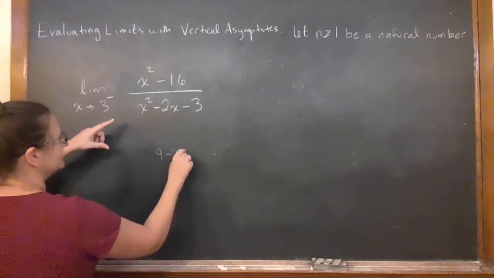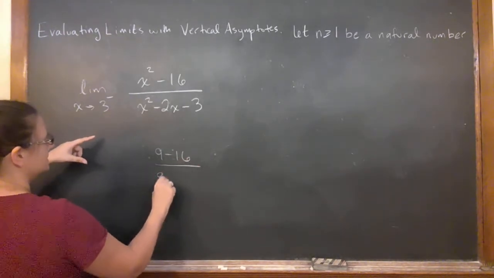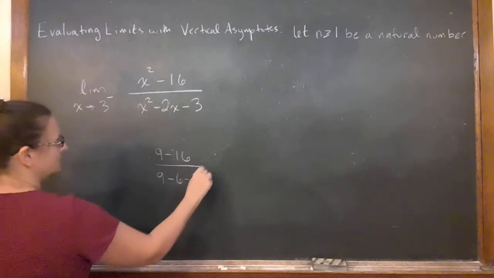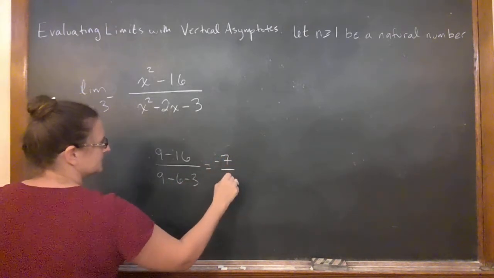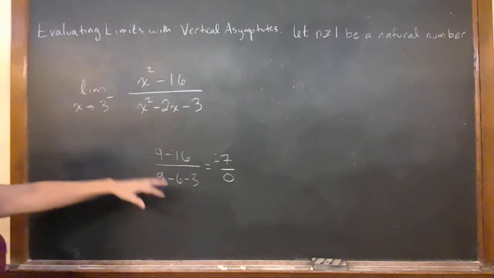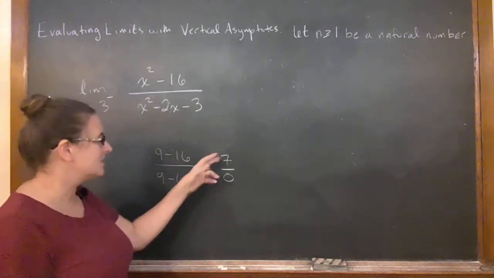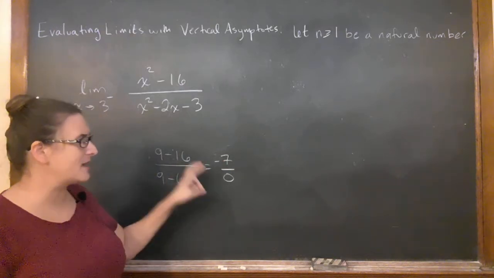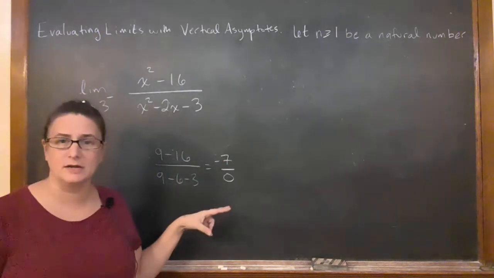I get 9 minus 16, and then 9 minus 6 minus 3, so I get negative 7 over 0. Okay, well, that's going to tell me I've got a finite number over 0, so this is approaching infinity.